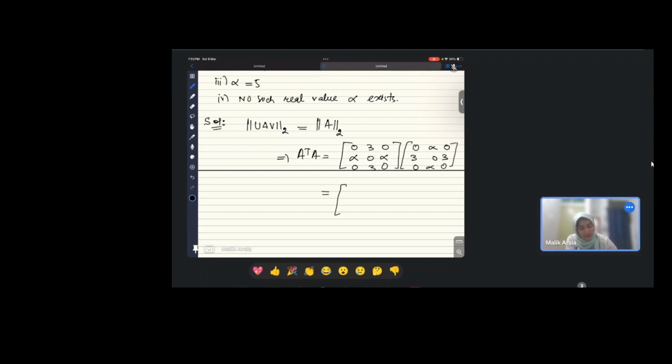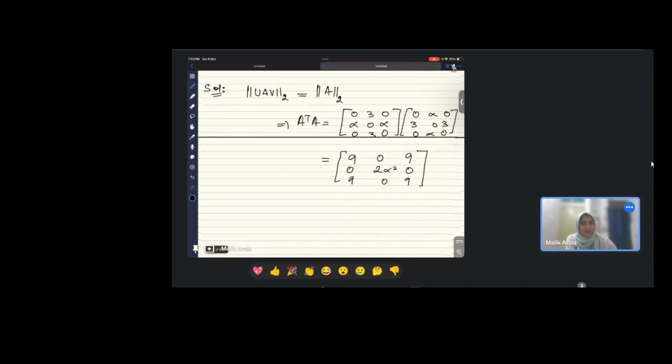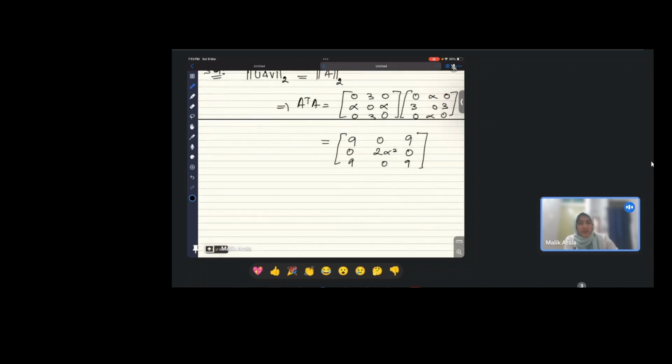Multiplication gives 9 0 9, 0 2 alpha square 0, 9 0 9. Are we on the same page till here? Yes, ma'am. So let's call this thing B. So B is equal to A transpose A.